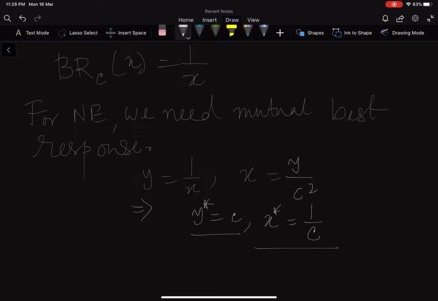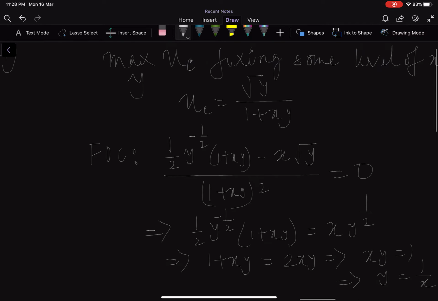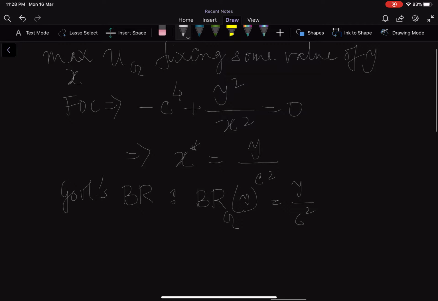So this is basically solved the way Cournot equilibrium is solved, right? Because these are continuous strategies and the payoffs depend on not just your strategy but also your opponent's strategy. So you compute the best response function by maximizing payoff with respect to your own strategy, fixing the opponent's strategy.